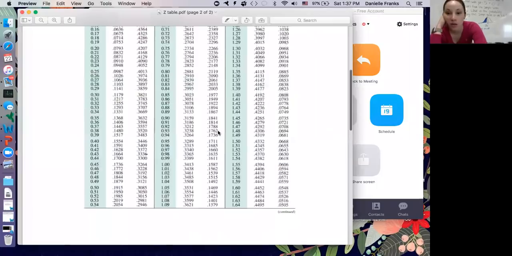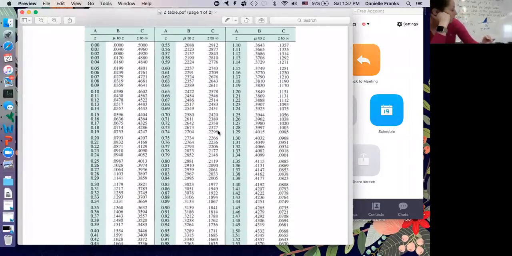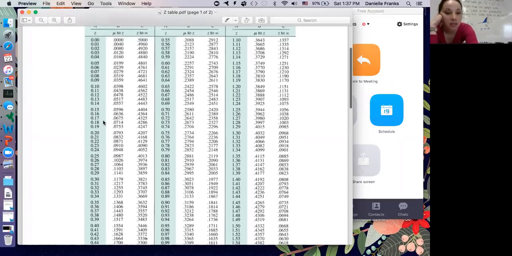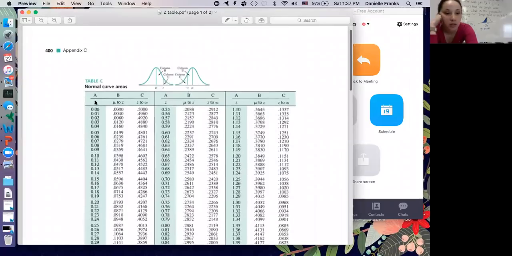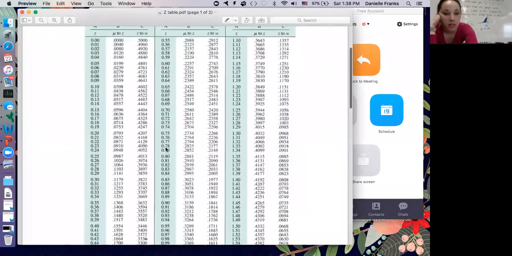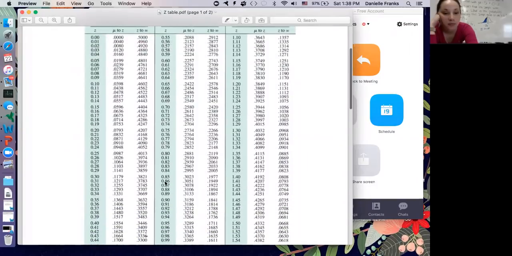So the z-score that we are working with is negative 0.86, but if you remember from our previous lecture, all of our z values are absolute values in the table. So we just look for 0.86 in our column A. So here we're looking for 0.86 in our column A. And we see that it's right here, 0.86.